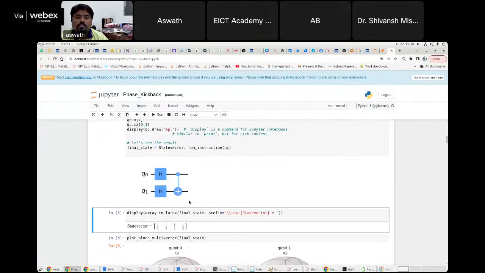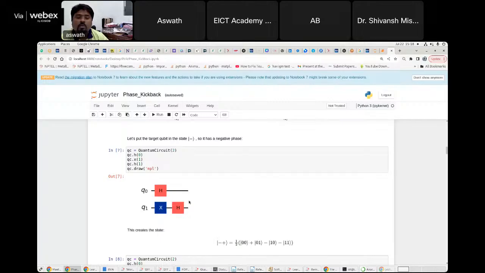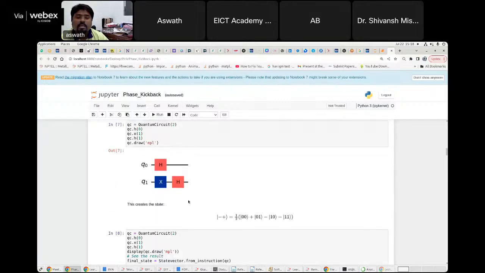Now to see the effect, what I do is add an X gate on the second qubit, so that now the top I have a plus state, bottom I have a minus state. Remember, now it is a Qiskit Jupyter notebook.